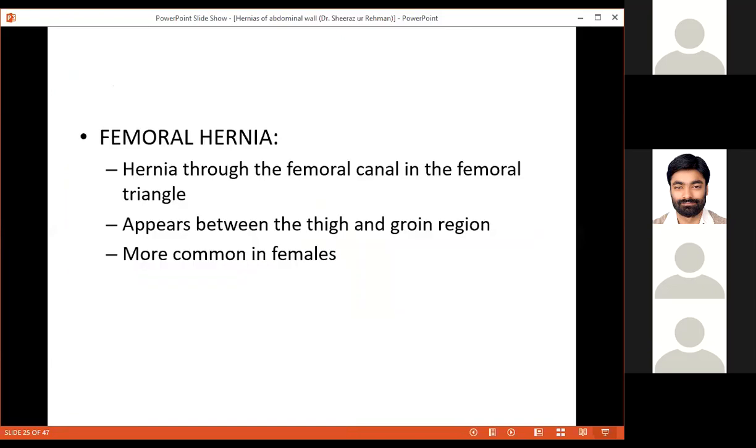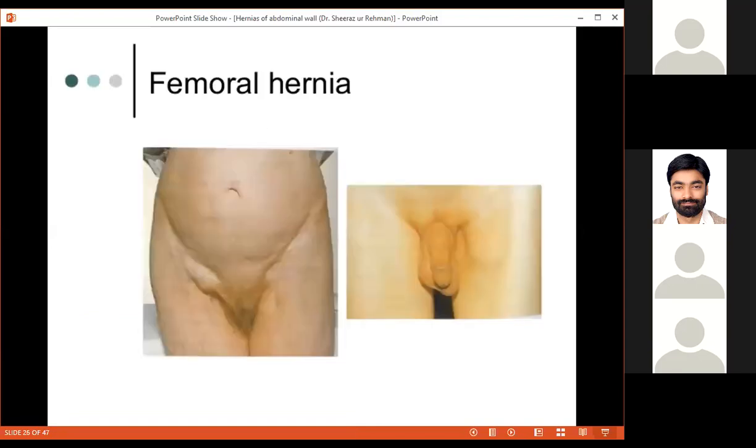Femoral hernias are mostly common in females, but by and large, inguinal hernias remain common in females as well. In femoral hernias, the hernia protrudes through the femoral canal in the femoral triangle, and it appears in the thigh and the groin. If you see the relationship, as compared to the previous picture, this is the inguinal crease on the left side.